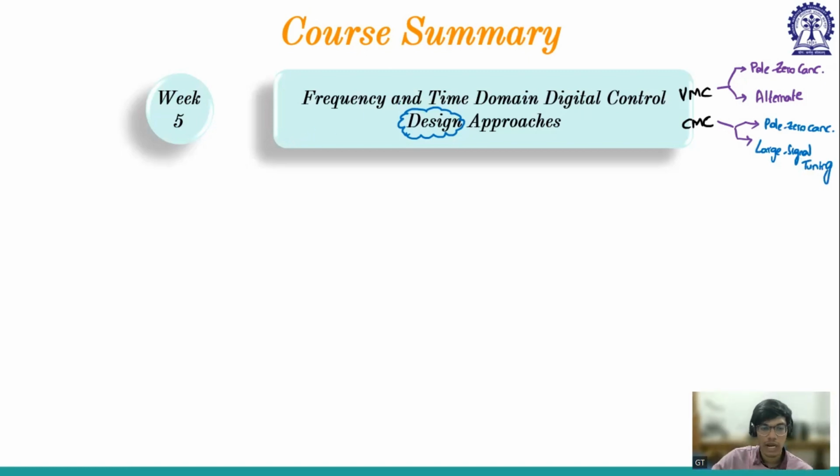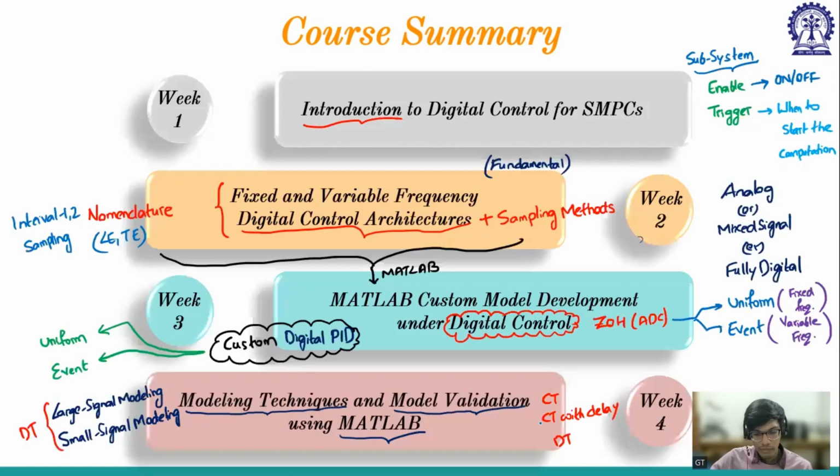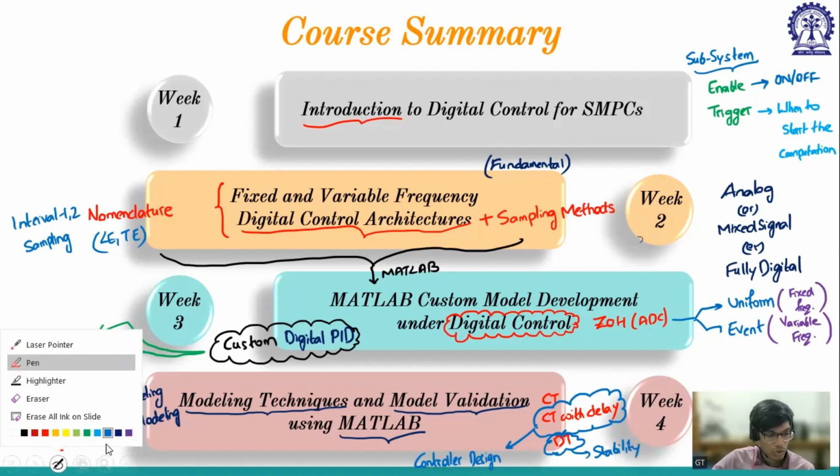So we have started with the continuous time model. In week 4, we fixed that the continuous time with delay model should be good enough to design the controller, and the discrete time model should be used to ensure whether the system is stable, because the continuous time with delay model fails to do so.